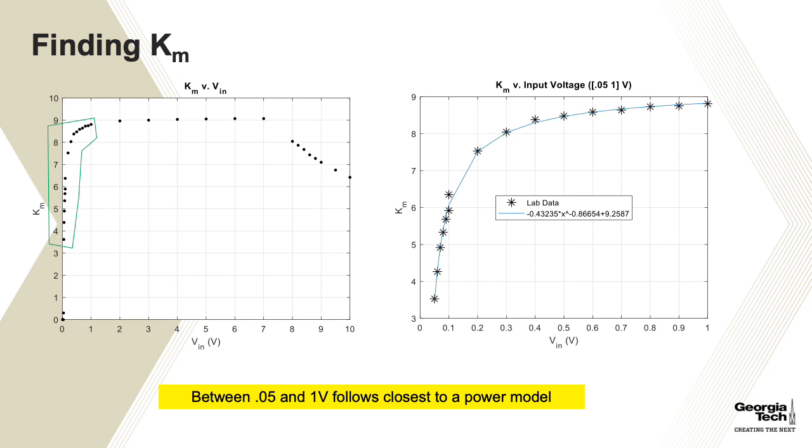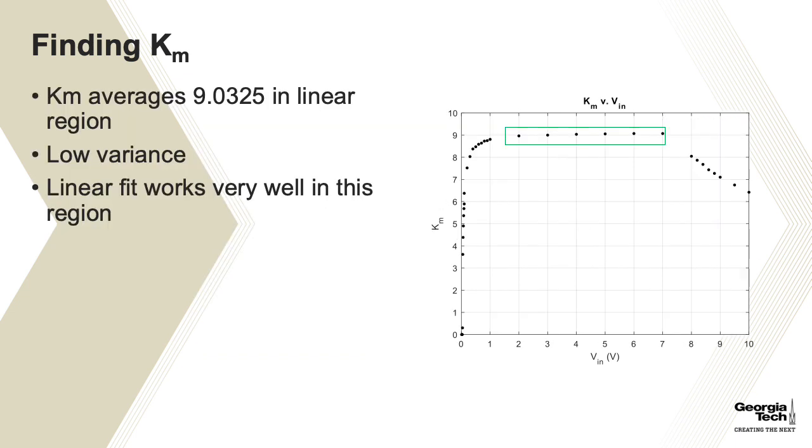Here we see the transition zone in far more detail. As you can see, it asymptotically approaches the constant value of 9 for Km and may be considered relatively constant after 0.5 volts. Before 0.5 volts, a linear approximation is inappropriate. In the linear zone of the motor, Km averages to 9.03.